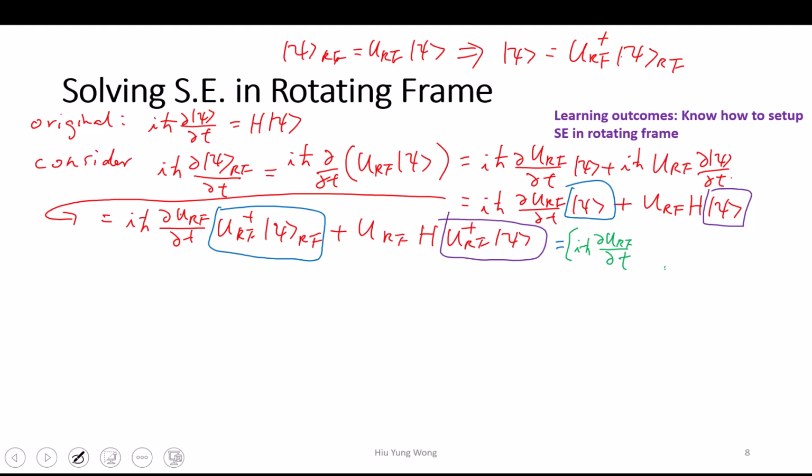I swapped them. Yeah, that's okay. And then plus U RF H U RF dagger, and then the whole thing applied to psi. So I have a mistake you did not tell me. Do you see a mistake I made just now?